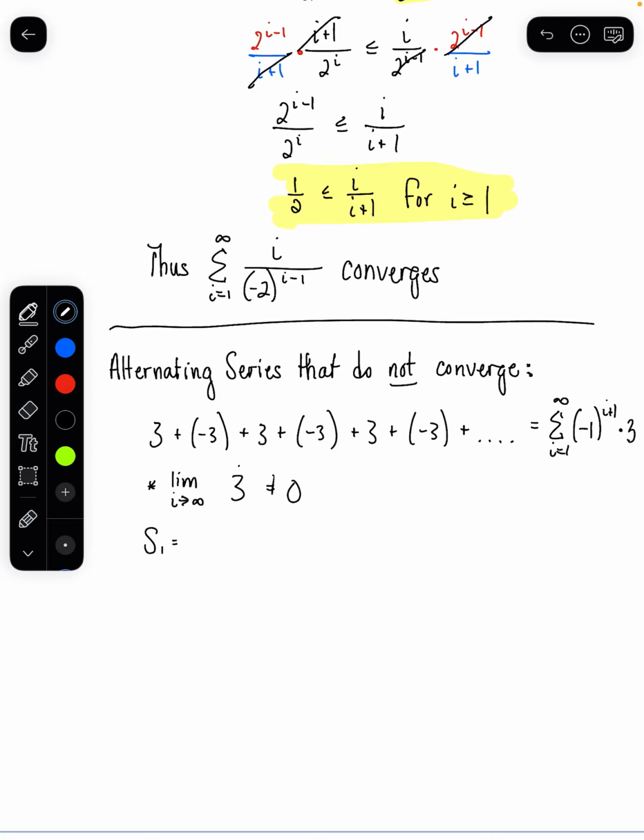In fact, the partial sums of this would be 3, and then 0, and then 3 again, and then 0 again. The sequence of partial sums is not going to approach a unique finite value.